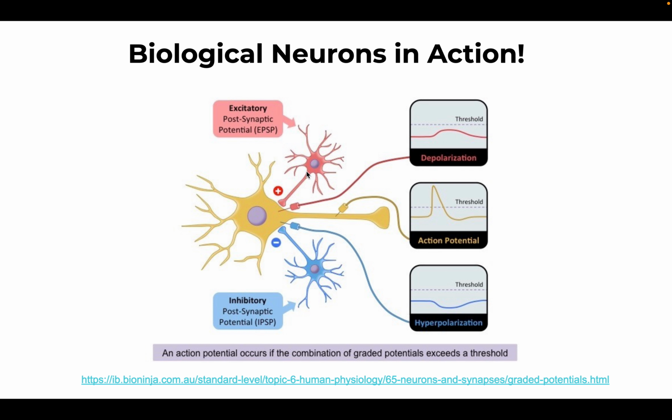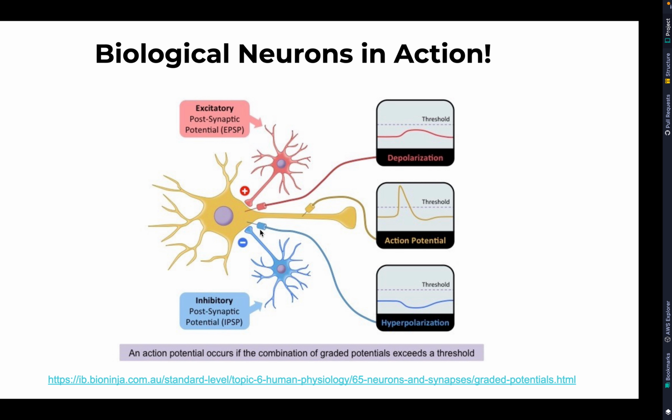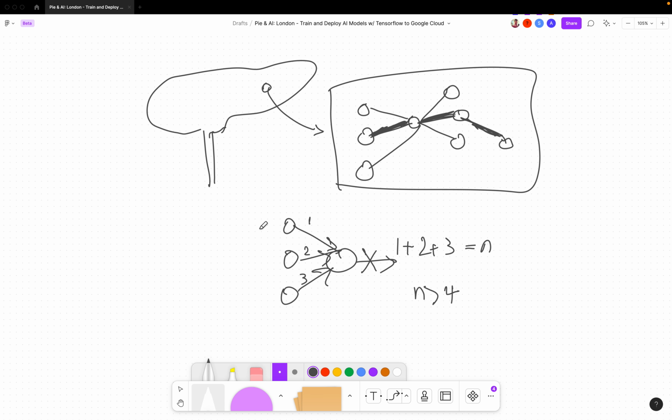So as these other neurons give input to this main one, this gold neuron, if those signals add up to each other and pass a certain threshold, that neuron fires. Otherwise, this neuron doesn't fire at all. Okay, so that's the main thing, how neurons work in your brain. And neurons that fire together wire together.